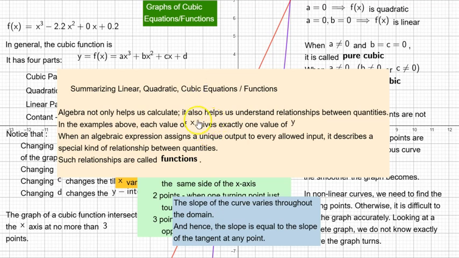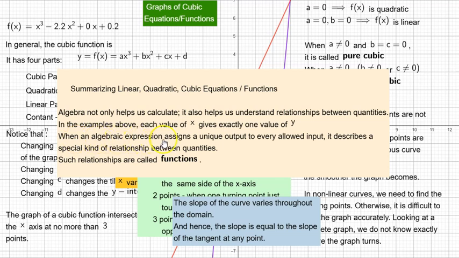So in summary of linear, quadratic and cubic functions graphing, algebra not only helps us calculate, it also helps us understand relationships between quantities. In the examples above, each value of x gives exactly one value of y.